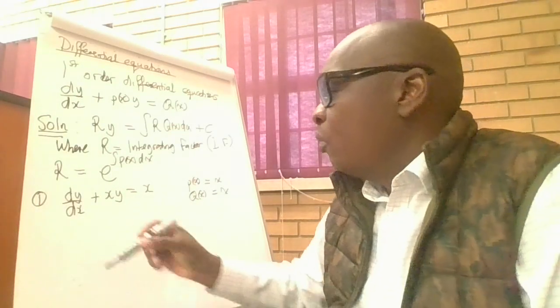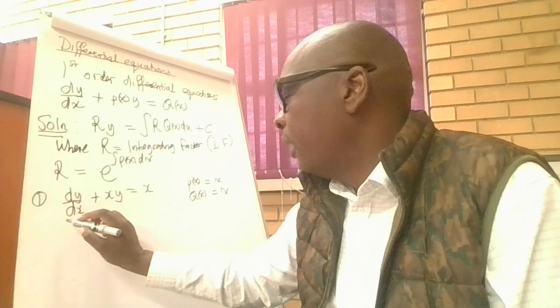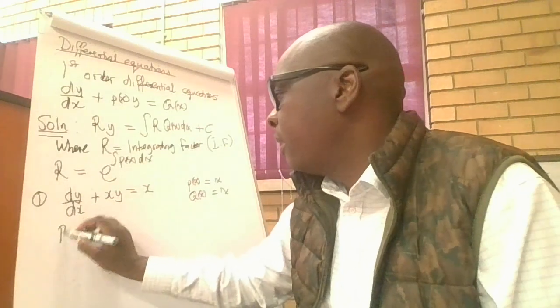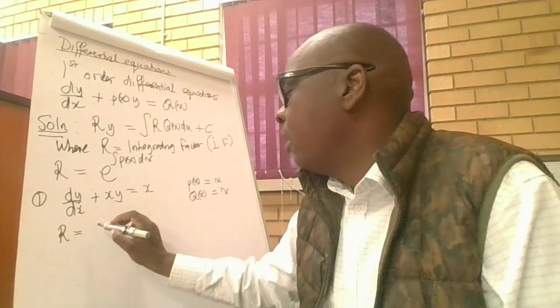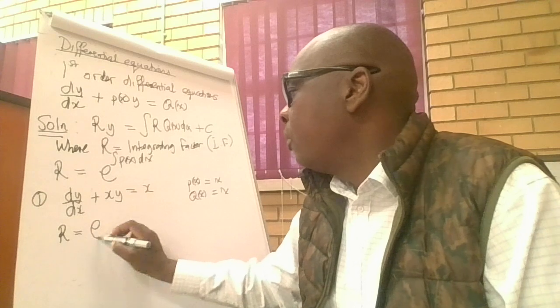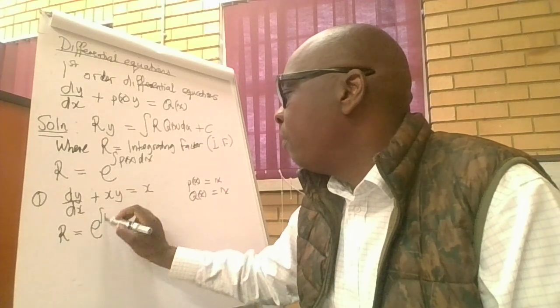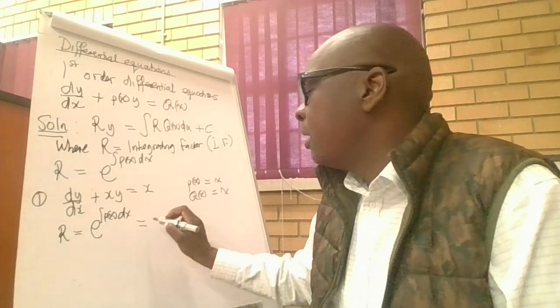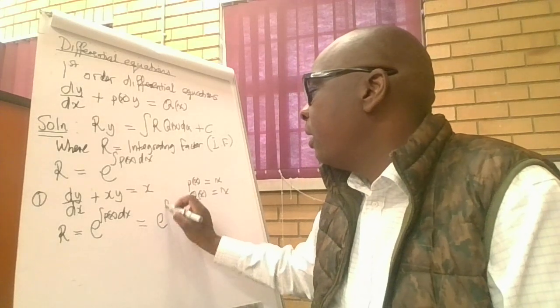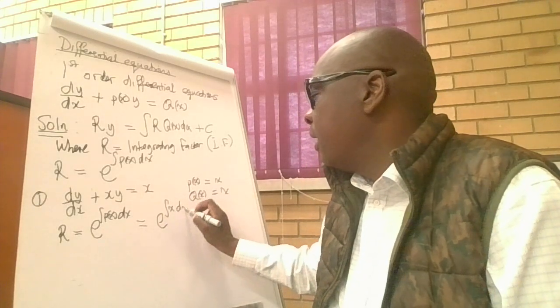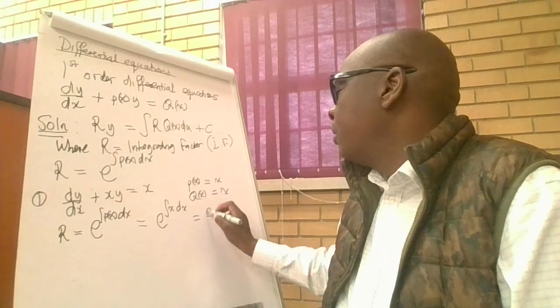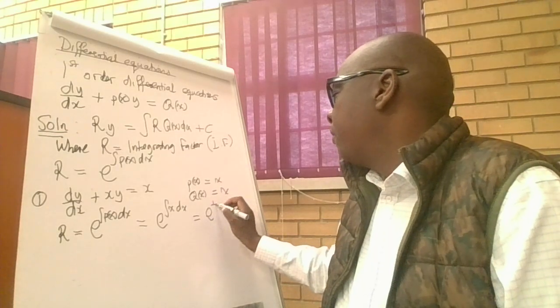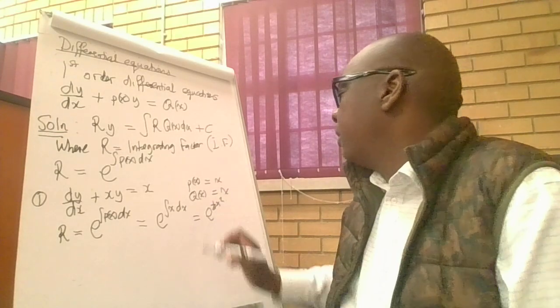So once you have established which one is your p(x), which one is your q(x), the very next thing would be to calculate the integrating factor R, which is given by e to the power integral of p(x) dx, and that is equal to e to the power integral of x dx, and that gives us e to the power half x squared, like that.